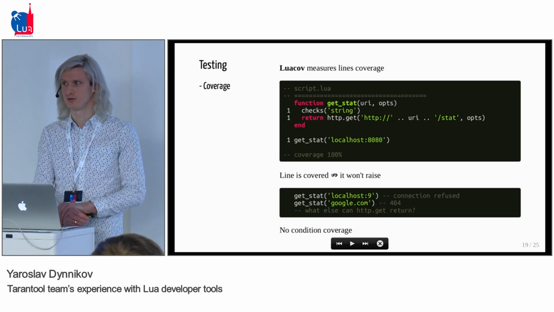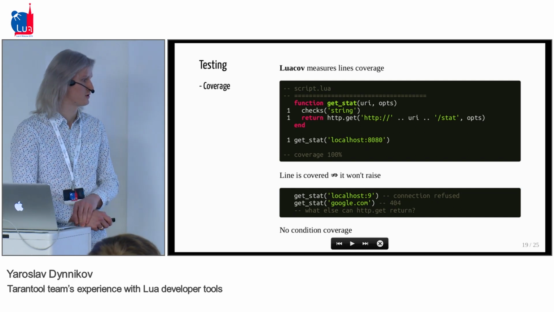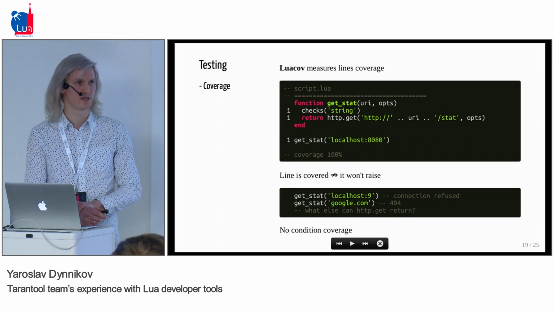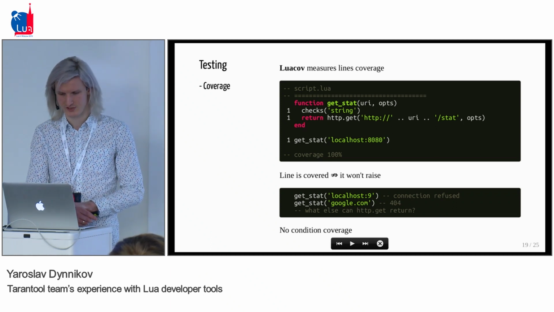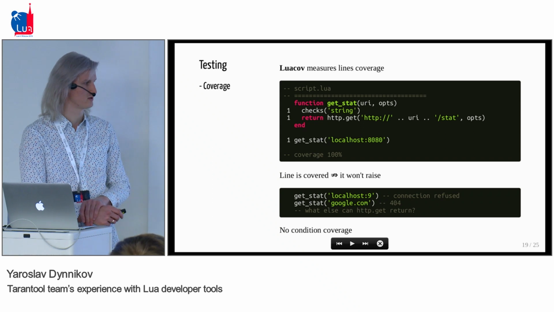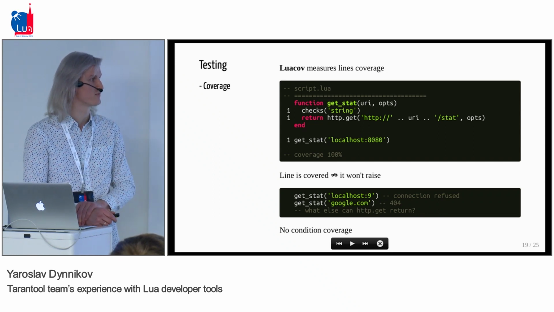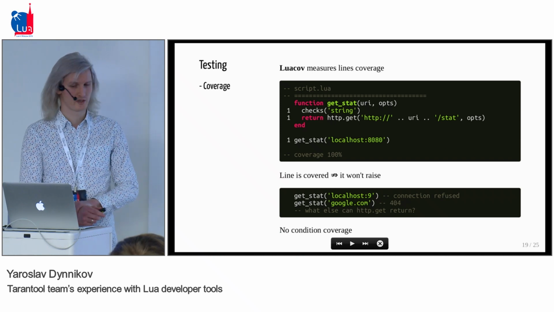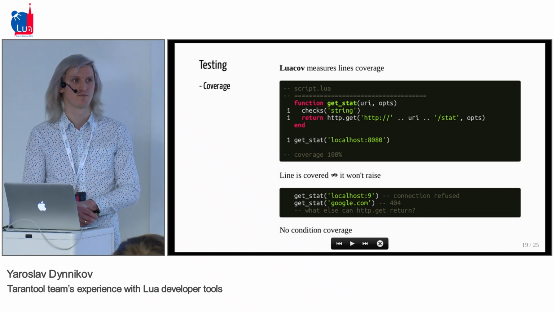For example, what would happen if we call getStat for a connection refused URI, or what will happen if the server returns some result other than 200? And we can't see that from line coverage.